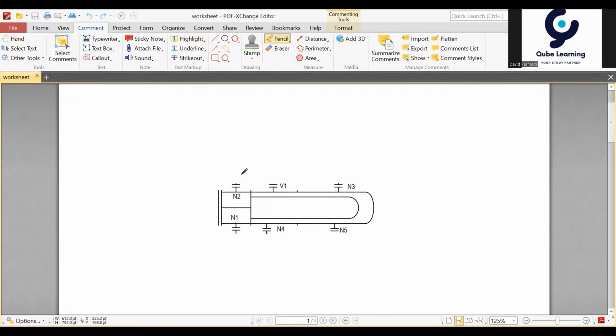The tube side is N1 and N2, and the shell goes from N3 to N4. So I will draw it.